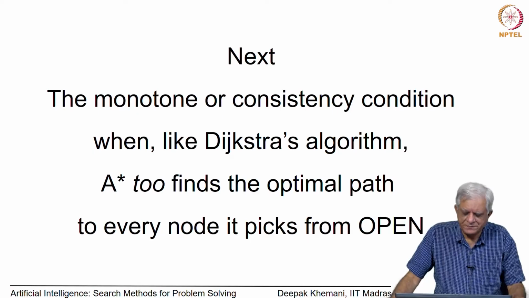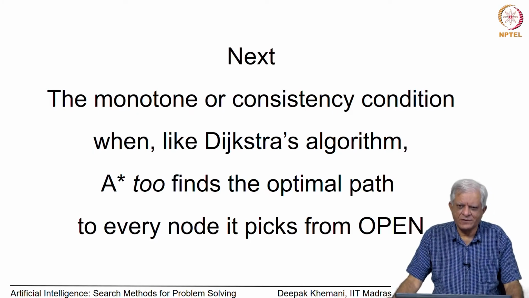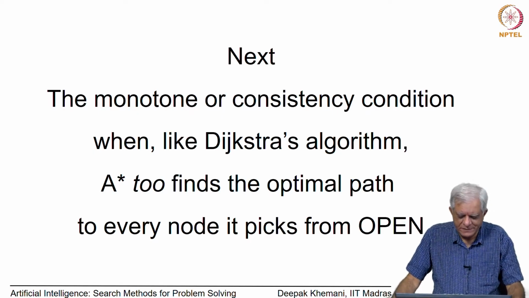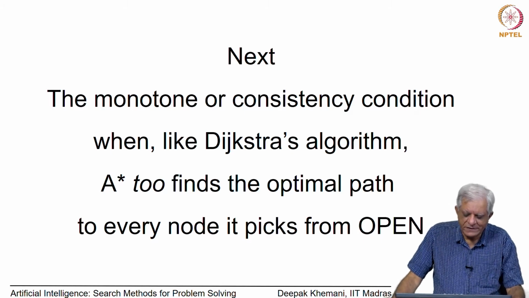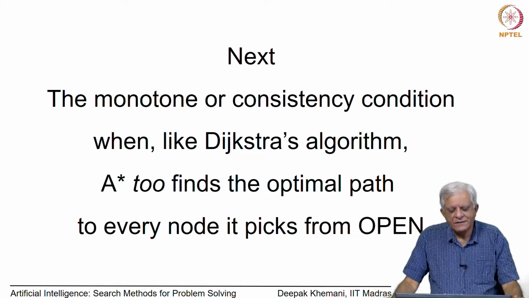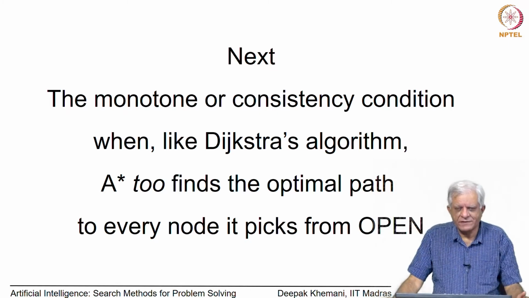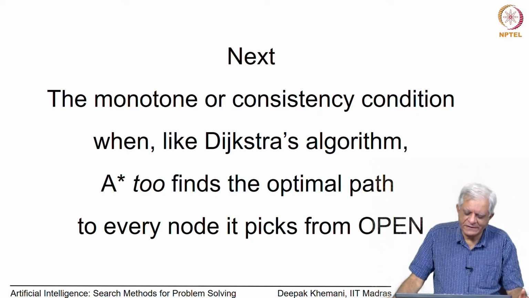Okay, so we have been looking at the algorithm A star, and we have done quite a detailed study of the algorithm, as well as the fact that we can formally show that it is admissible under certain conditions.